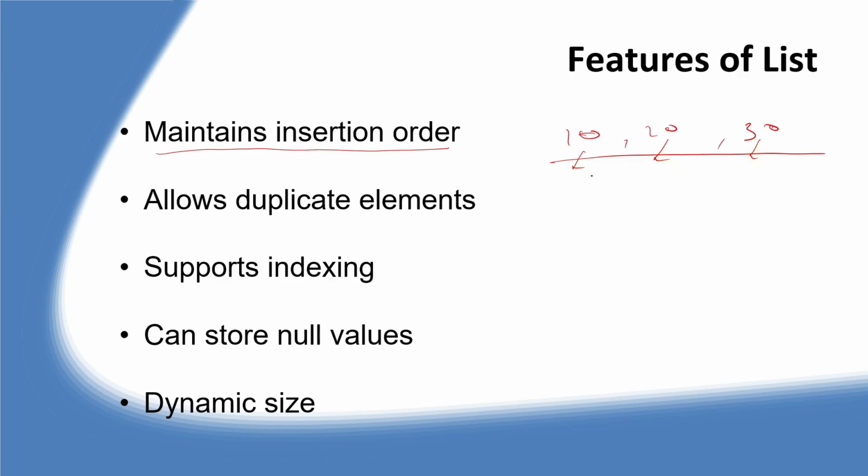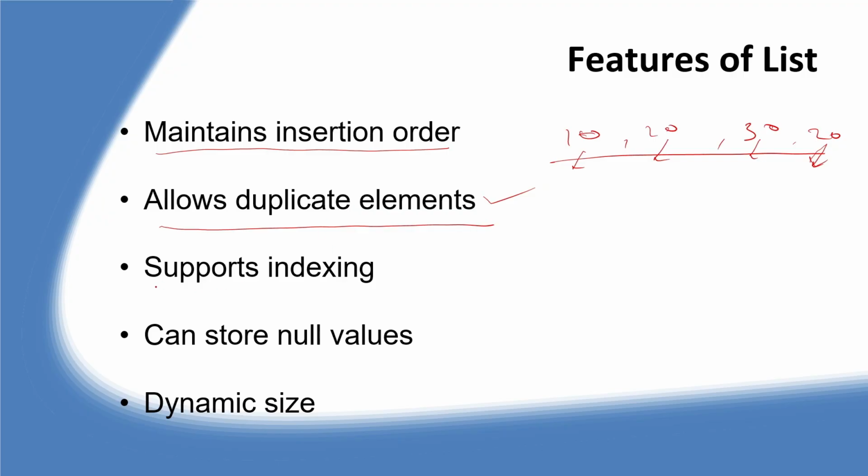So it remembers the order of insertion in the list. And second point is it allows duplicate elements. Even if we have 10, 20, 30, comma 20, if I'm again inserting the same value which is already there in the list, even then it will allow this duplicate value inside the list.